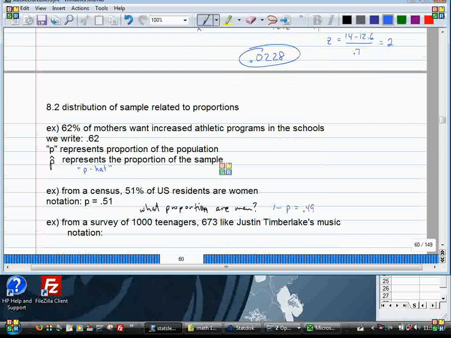From a survey of 1,000 teenagers, 673 like Justin Timberlake's music. So how would you write this down in notation? Okay. So really nice. How did you get 0.673?